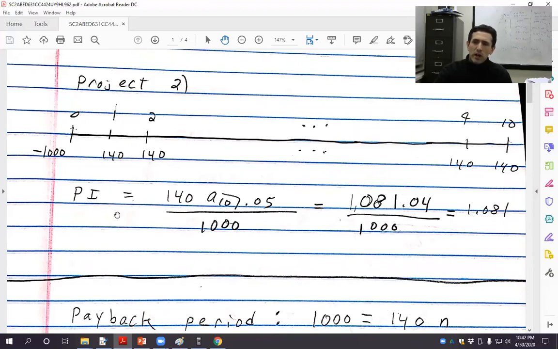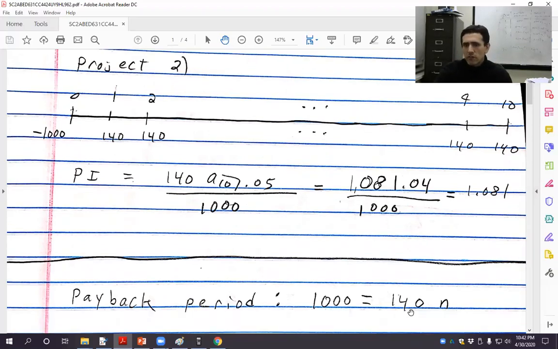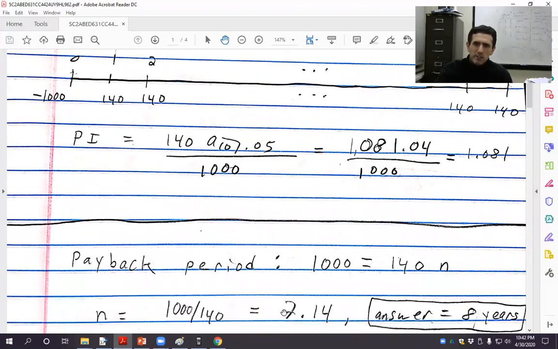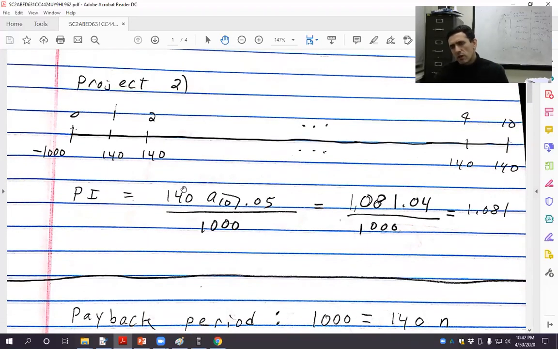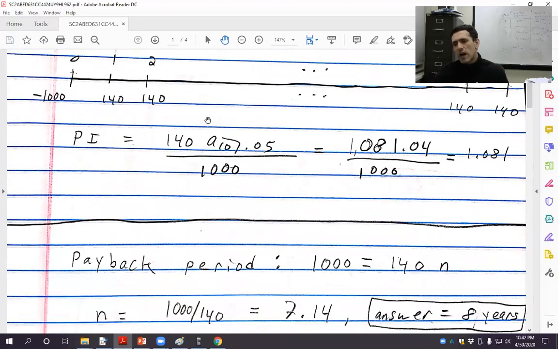Well, when your 140 added up n times equals your expense. So you solve for n and get 7.4. That doesn't really count as your answer. Remember for project 2, t is in years. It's a 10-year project, so you need 8 years to finally return a profit.